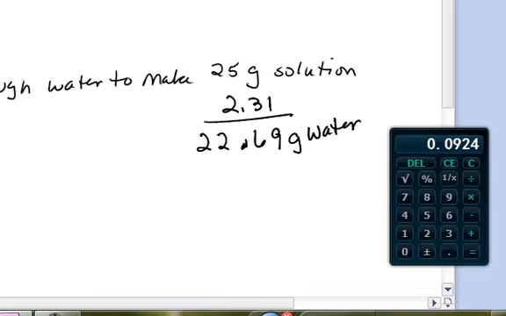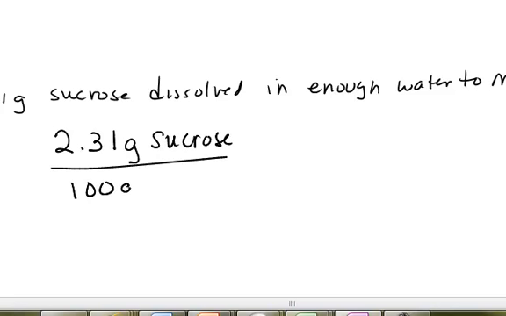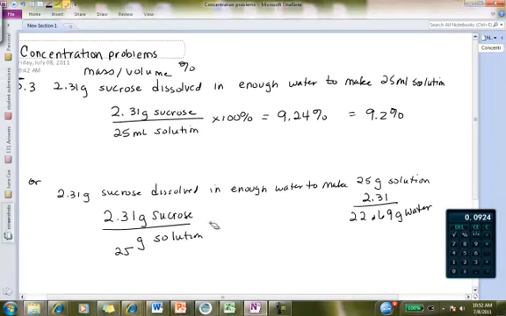Now, my percentage is actually going to be the same, but now I'm going to have 2.31 grams of sucrose, and I'm going to have 25 grams of solution and multiply that times 100%.